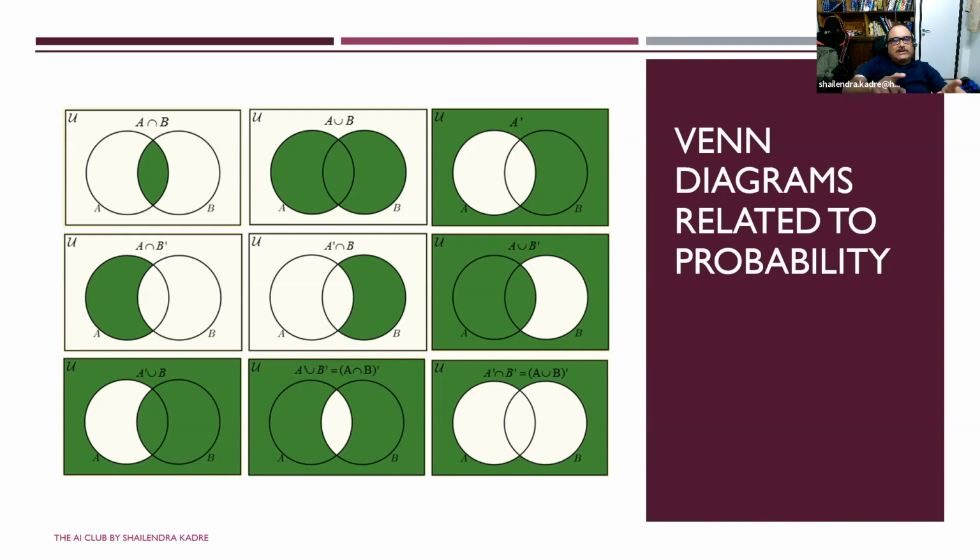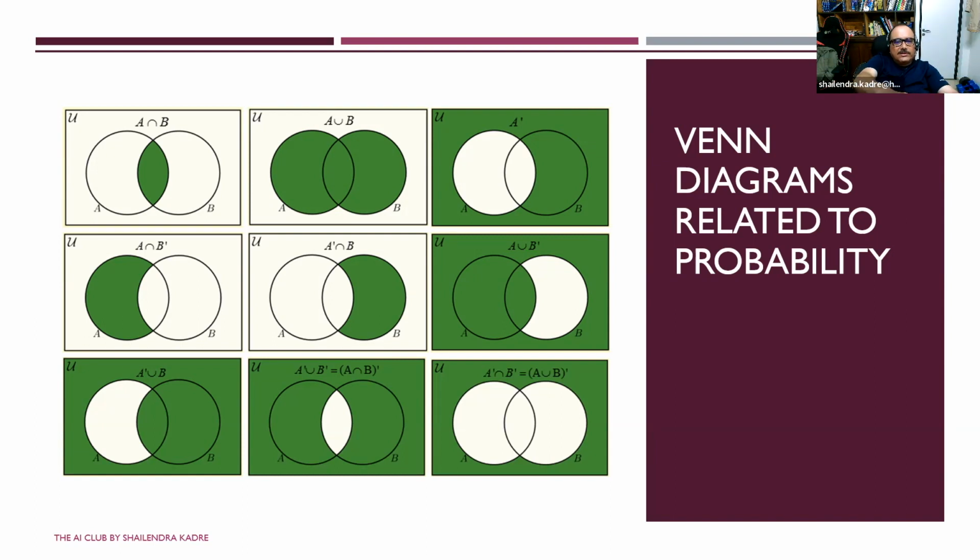So you take the common part, A intersection B dash. That is the green one. So B dash means everything outside B, and what is common between B dash and A? That shaded area of A is common, right?